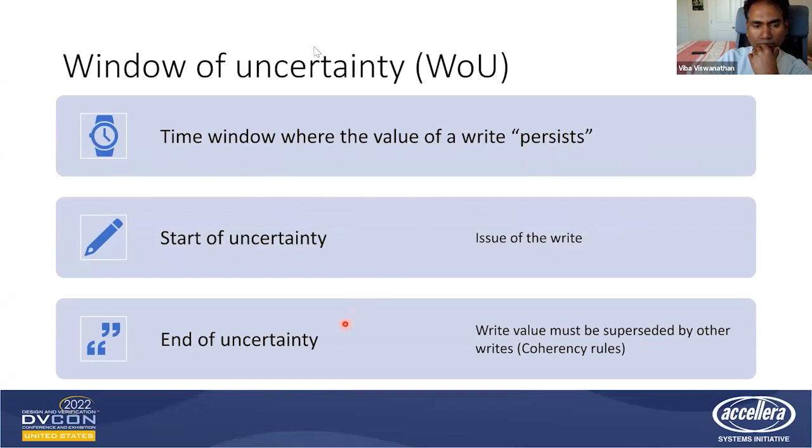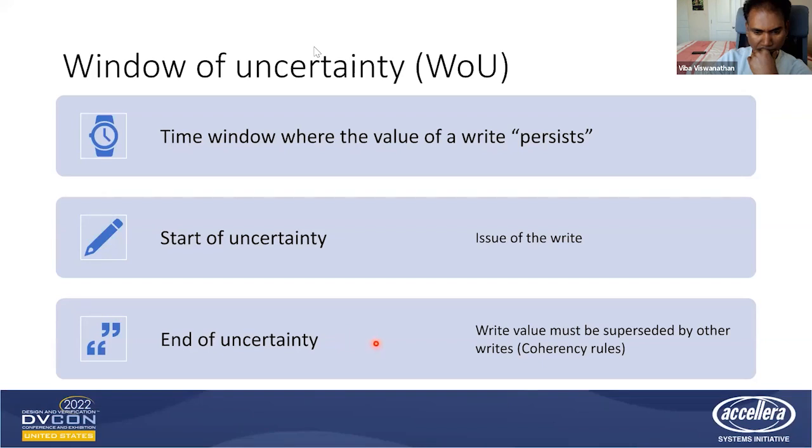The end of uncertainty is when the write value must be superseded by other writes in accordance with coherency rules. In other words, it is no longer possible that a read can return the value that was written by this particular write because other writes must have overwritten that value, and hence the read is required to return the overwritten value.